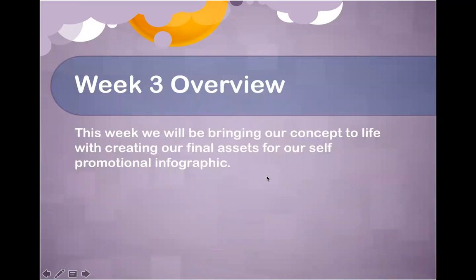So this is the week. Last week we put assets together. This week we're now putting them in the timeline and beginning to do the interactivity. We can do tweening, or we can have our program even do the animation for our promotional infographic.